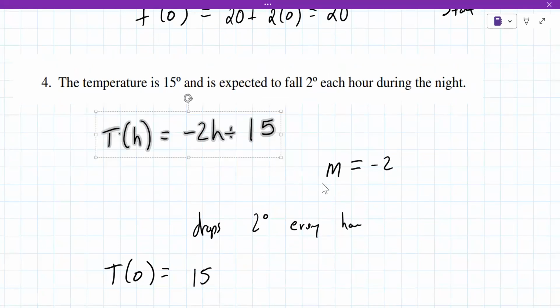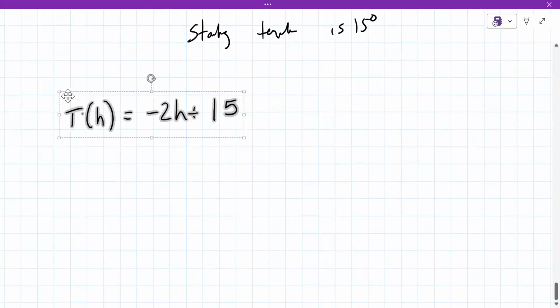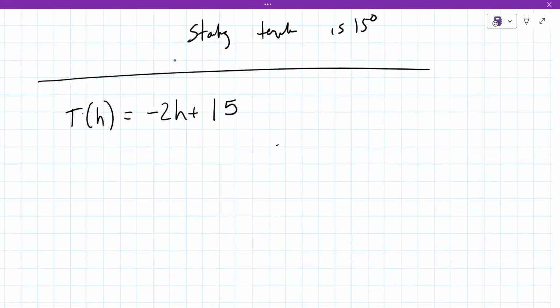Now in this one, we can go one step further. I'm gonna grab the function. We can also ask, well, when is the temperature 1 degree?